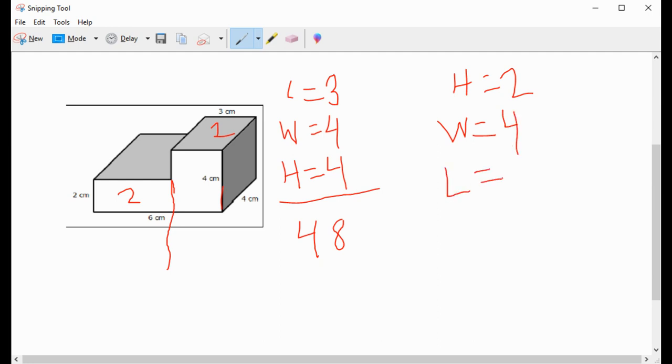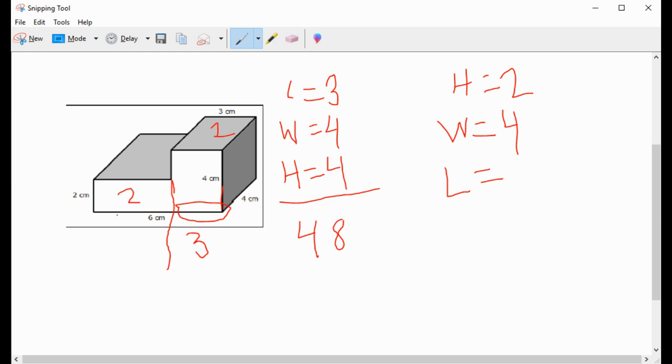Now, the only thing I have left to find is the length. I know that this total length down here is equivalent to 6 centimeters, and this little section right here is the same as this length up here. So that means that this is also 3 centimeters down here.